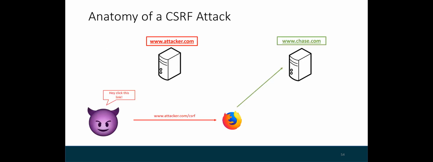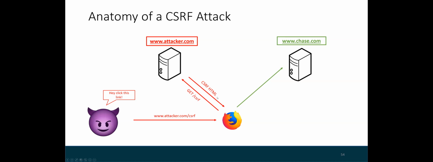So here's what this looks like. In a CSRF attack, an attacker would send a link to a victim and say, hey, click this link, and it's hosted on attacker.com. The victim clicks the link, and this is my attacker-controlled server, so I will send them some malicious HTML.